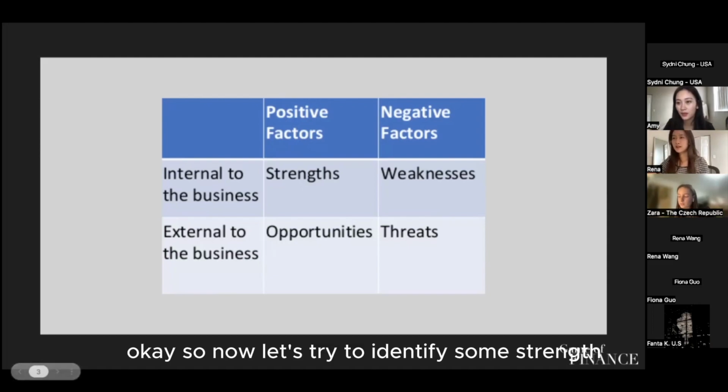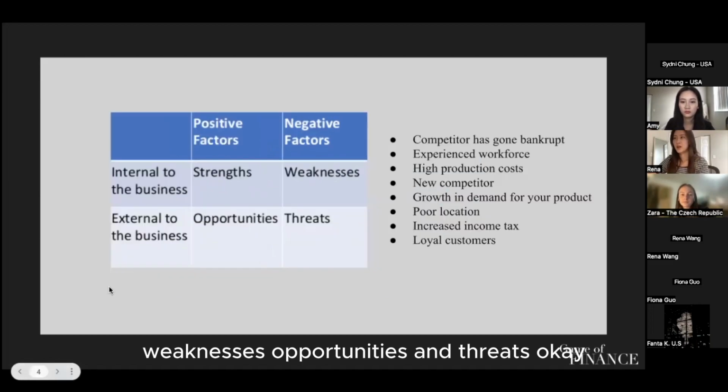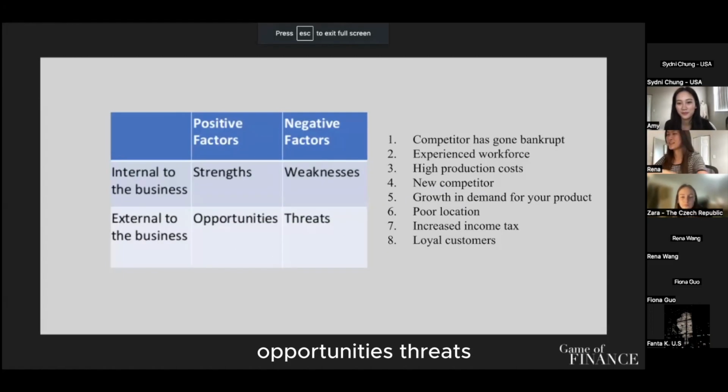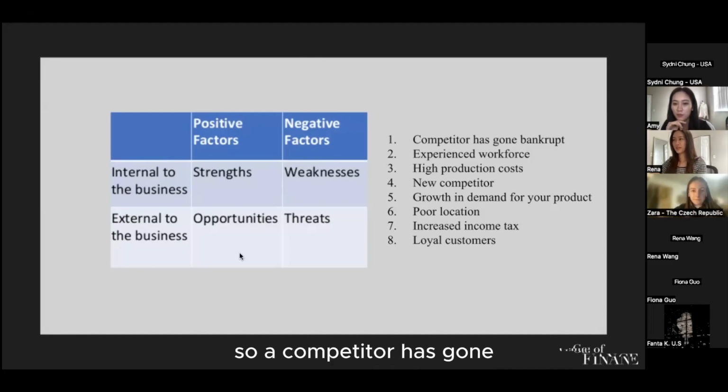Okay, so now let's try to identify some strengths, weaknesses, opportunities, and threats. Here is the list of possible strengths, weaknesses, opportunities, and threats. Okay, the first one, number one, a competitor has gone bankrupt. Yes, it's an opportunity. And okay, number two, it's a strength.